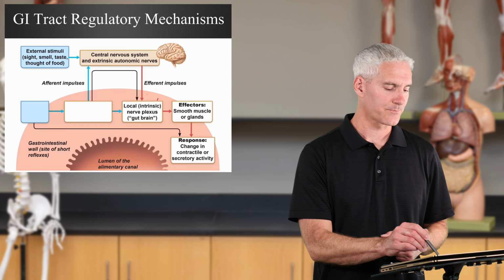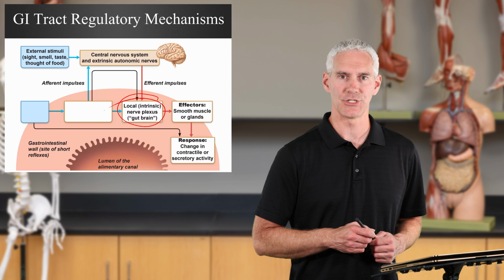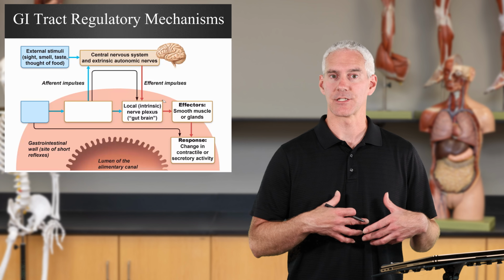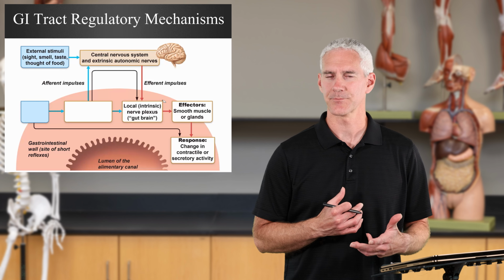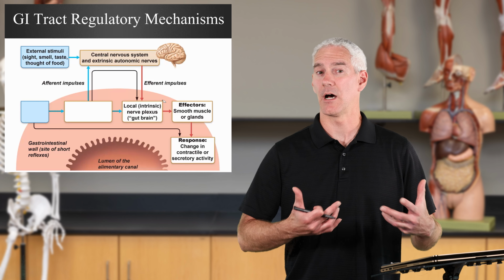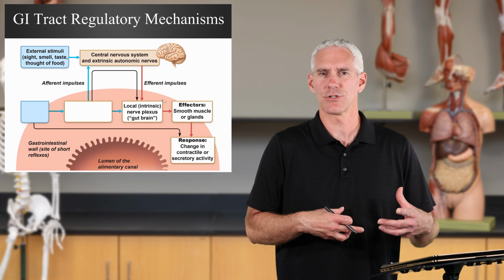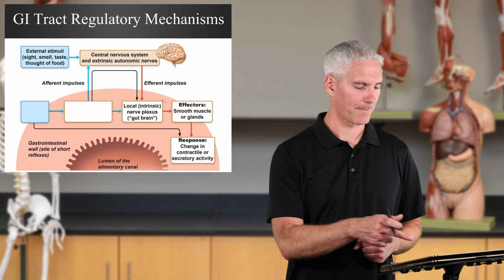What will happen is it then sends it down into that local environment inside of your GI tract. The effectors are the glands causing secretion of mucus and enzymes. The smooth muscle starts moving. If you ever notice, maybe when you're really hungry and you smell something that really smells good, your stomach kind of churns a bit. That's this external reflex here.